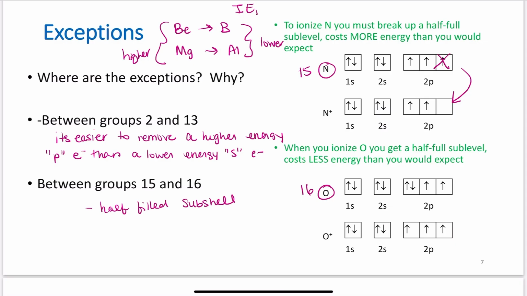For oxygen, to remove that first electron, I'm removing this one, giving me a half-filled shell. So this is disrupting a half-filled shell, and this is producing a half-filled shell. And don't get me wrong, oxygen wants electrons. It doesn't want you to take them away, but it's going to be easier to take them away than it will for nitrogen because of the half-filled shell.